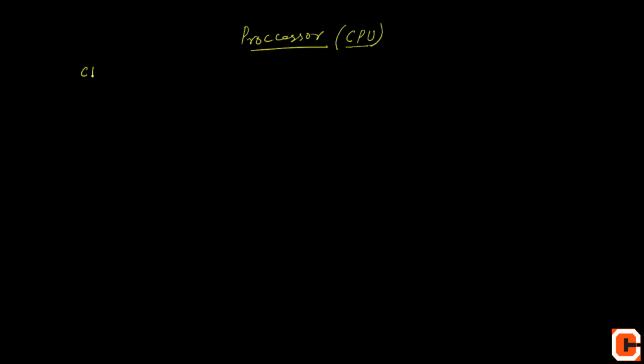Now what is the CPU? As I have already told you in the last lecture, the CPU is the brain of a computer system. It performs all major calculations, comparisons, and activities, and controls the operation of the other units of the computer system.